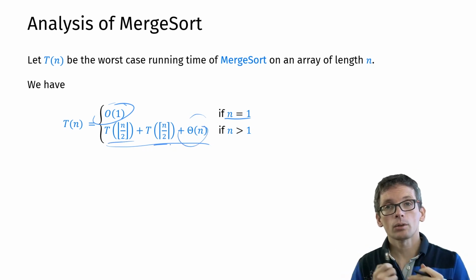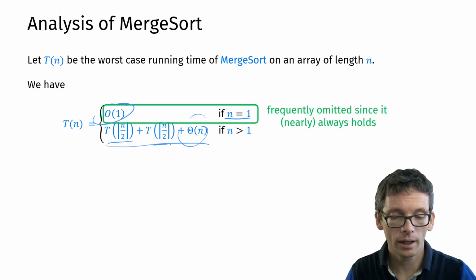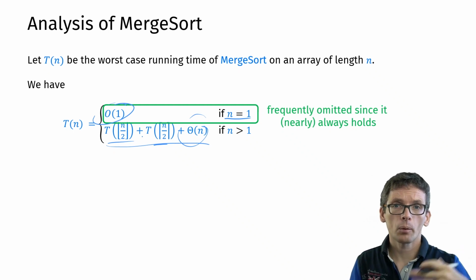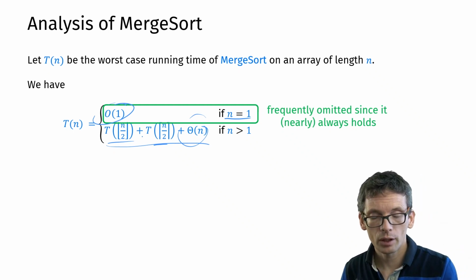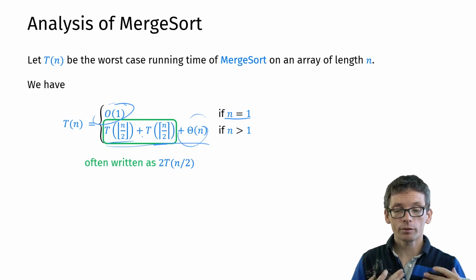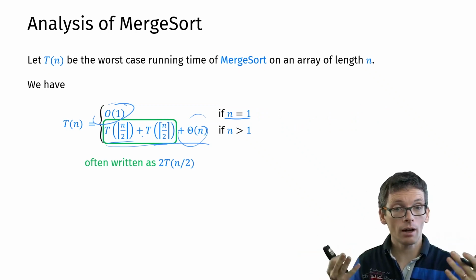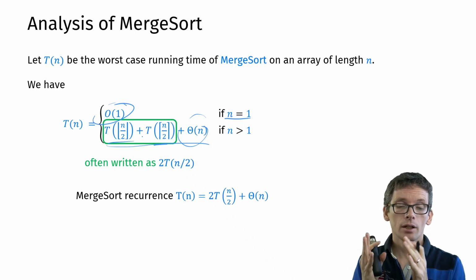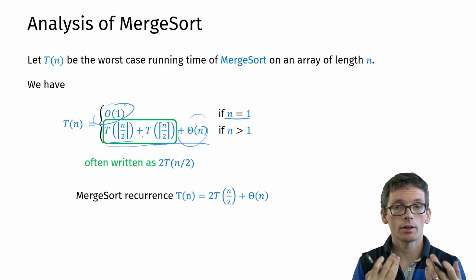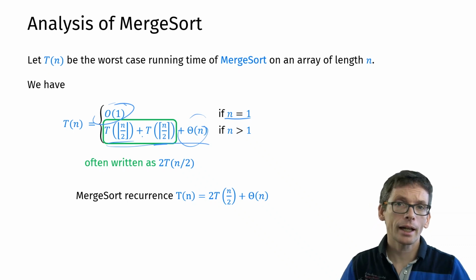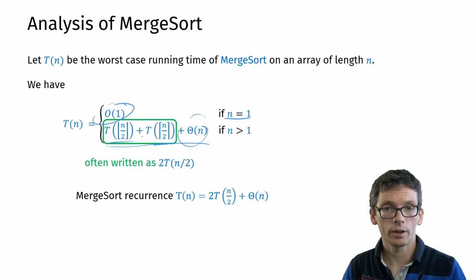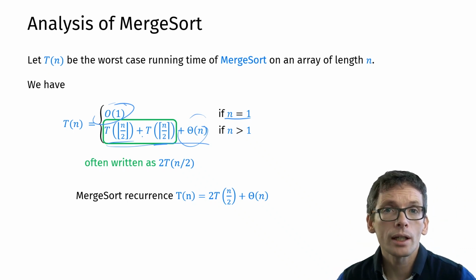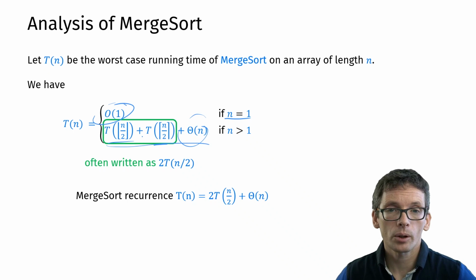Again, we like to omit the base case, and we also don't need to keep track of whether we're rounding up or down, which means we have t of n half plus t of n half, and this is often written simply as 2 times t of n half. So the MergeSort recurrence is t of n equals 2 times t of n half plus theta of n. And again, we have to figure out how to solve this. We're going to see techniques for solving recurrences next.